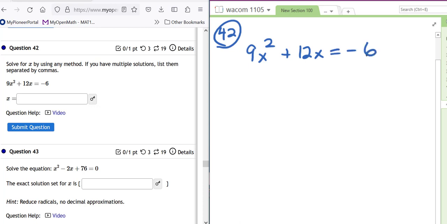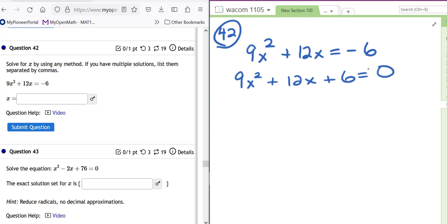All right, so this looks like a quadratic equation. We have an equals, we have an exponent of 2. So step 1 would be get a 0 on one side. So you're going to have to add a 6. All right, and then one thing that I do see here is there is a GCF in there.